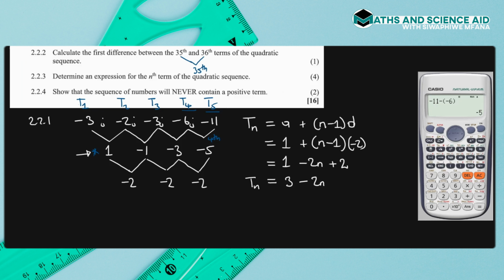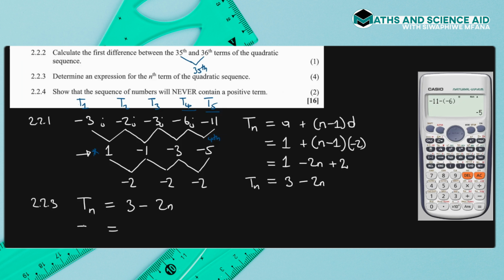So what we are going to do is use the general term of the first differences that we have already derived, and use it in order to evaluate this 35th term.